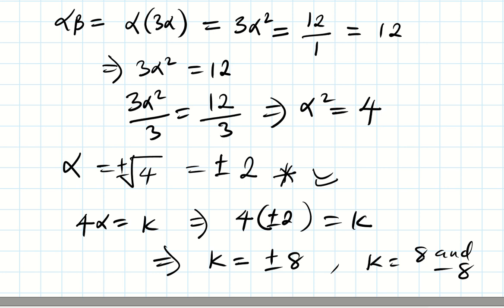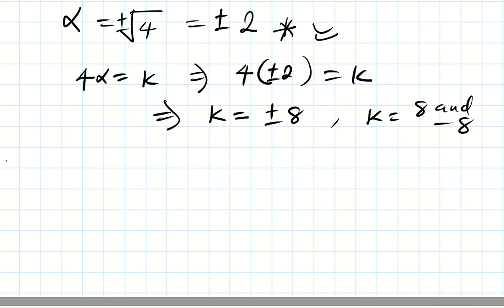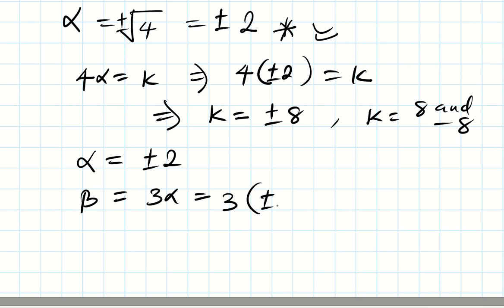Now we are asked also to find the roots of the equation. One of the roots is alpha, the second is beta, which is 3 alpha. So we have alpha to be plus or minus 2, and beta is equal to 3 alpha, which is 3 times plus or minus 2, and we have it to be plus or minus 6.